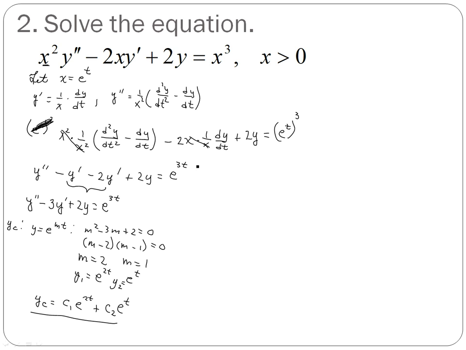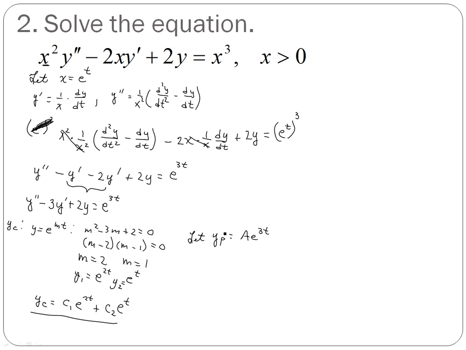Now we want to find our particular solution. We want to let our particular solution be in the form of a e to the 3t. Double check to make sure I don't have an e to the 3t term in my complementary solution.